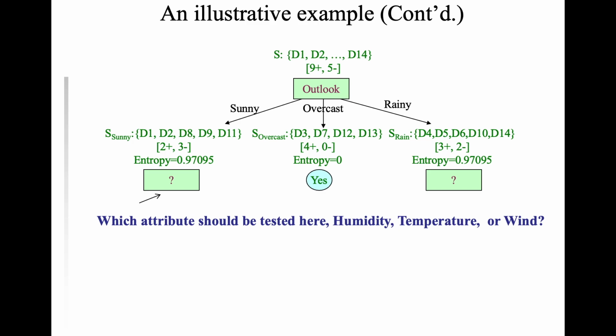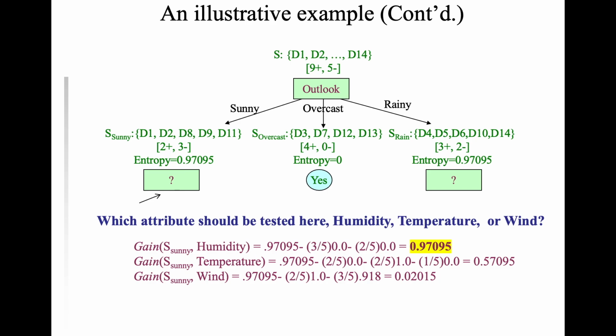So how many instances do we have when the outlook is sunny and humidity is high? So we are calculating the first one. First of all, the entropy of S Sunny, we put the number there, which is 0.97. And then we have 5 instances where the outlook was sunny, right?